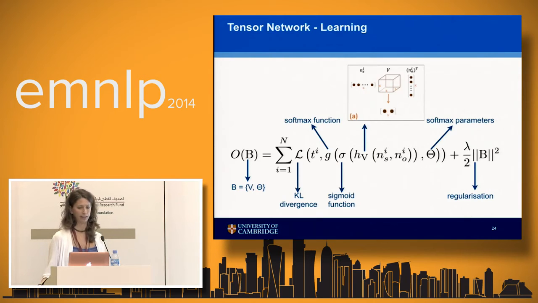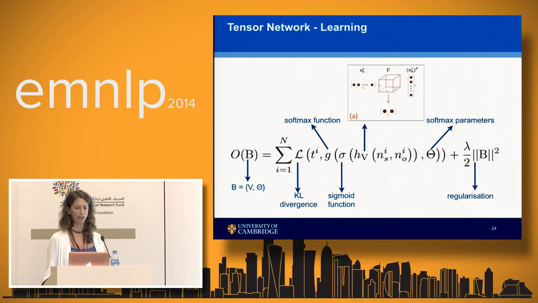The idea here is that the subject noun and the object noun are k-dimensional vectors, and the plausibility space is an s-dimensional space with s equal to 2. We can learn the values of the k by s tensor by representing the verb as the parameters of a regression algorithm. To represent the space as a distribution over two classes, true or false, we can apply a sigmoid function to restrict the output to the 0 to 1 range, and the softmax activation function, g, to balance the class probabilities.